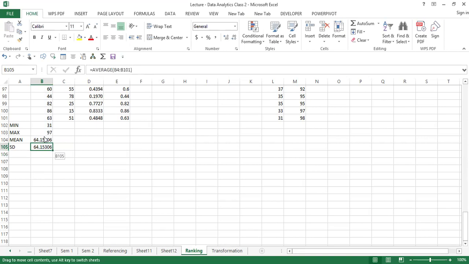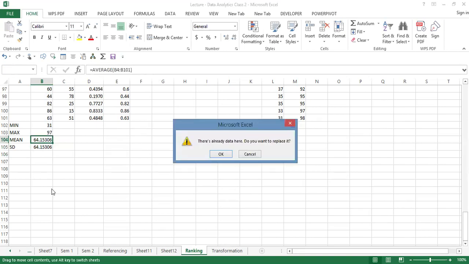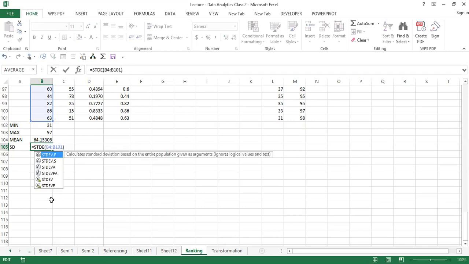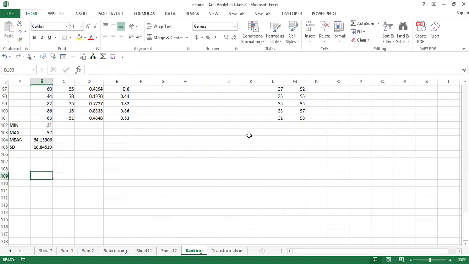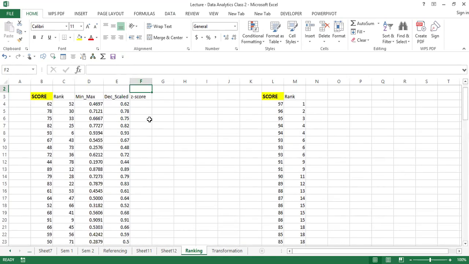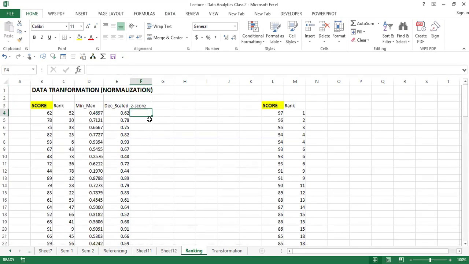Oh, we don't have our standard deviation. So we have to do STDEV.S. That's our standard deviation. So we are going to use it to compute the z-scores.